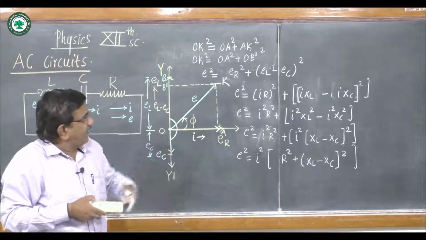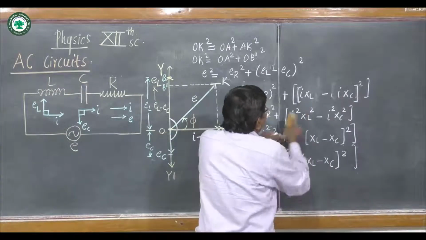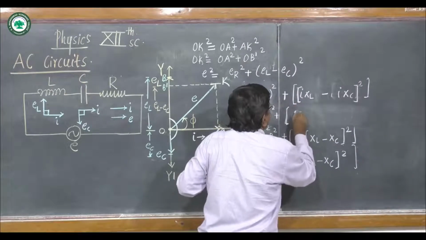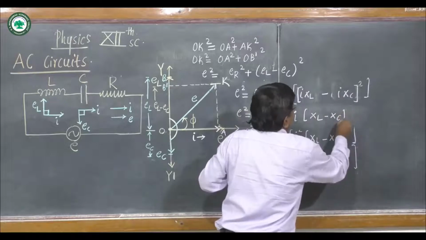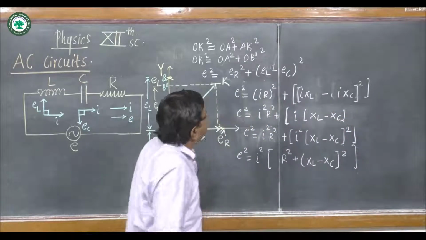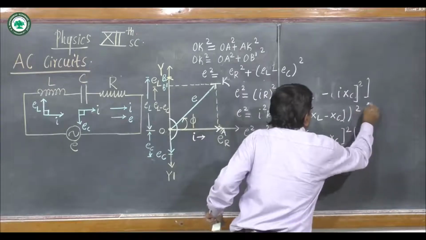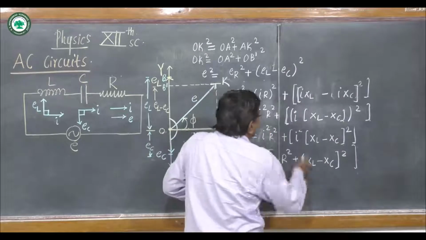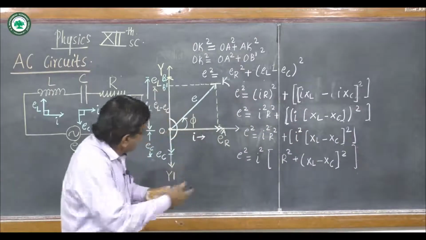Taking I as common, in bracket XL minus XC, and its square, we get I square R square plus I square XL minus XC square.